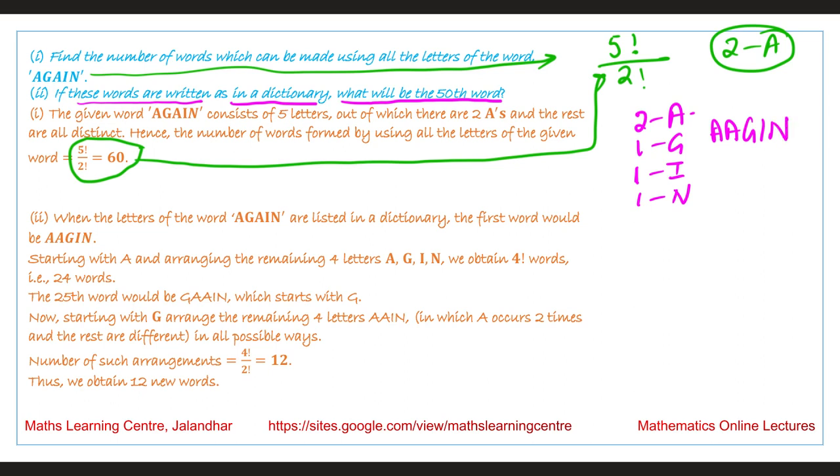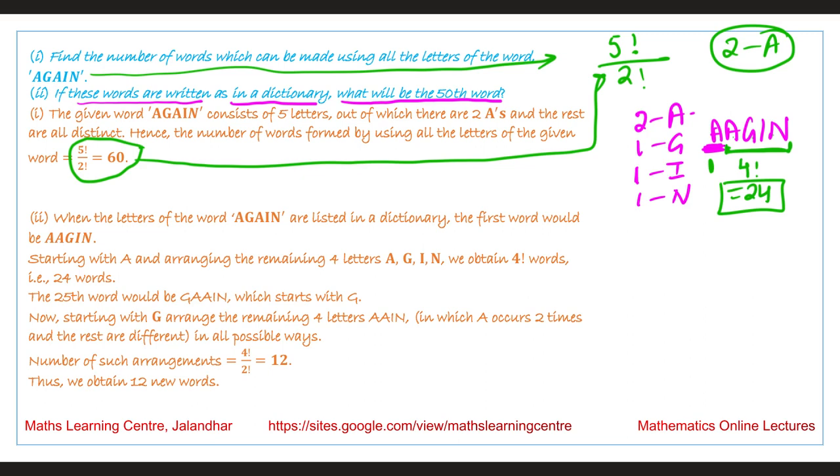This will be the first word in the dictionary. If we calculate the number of words starting with alphabet A, this position is fixed, and over here we have A, G, I and N. So the number of words that can be formed is 4 factorial, which comes out to be 24.